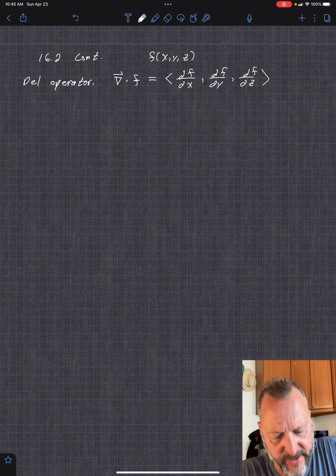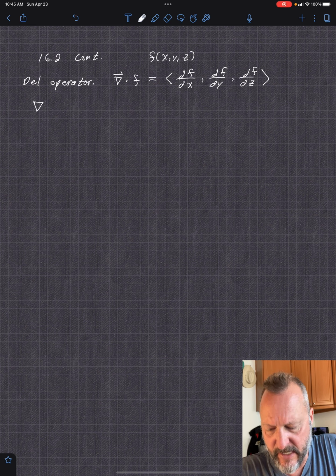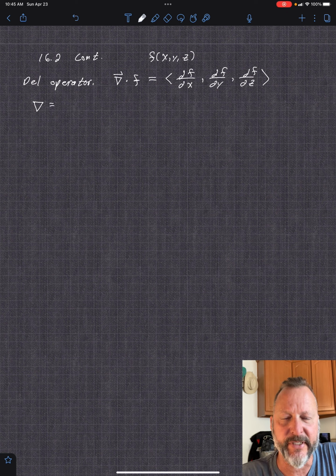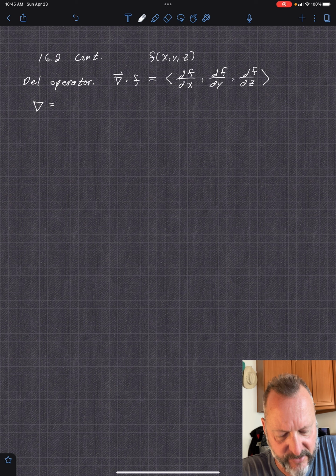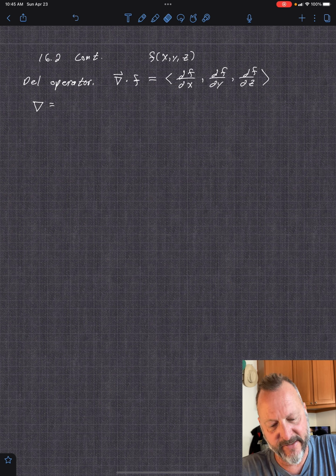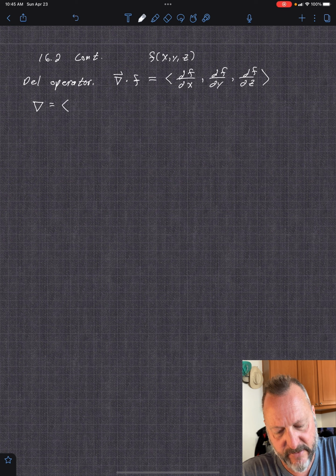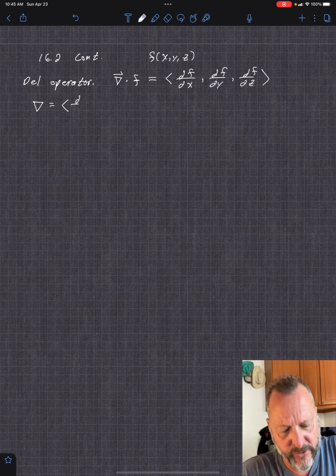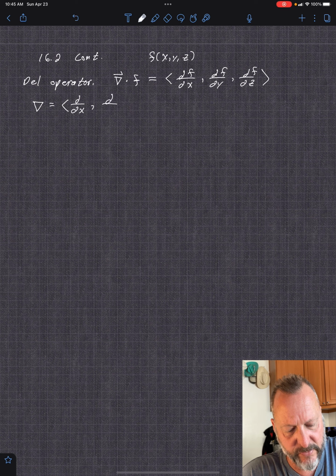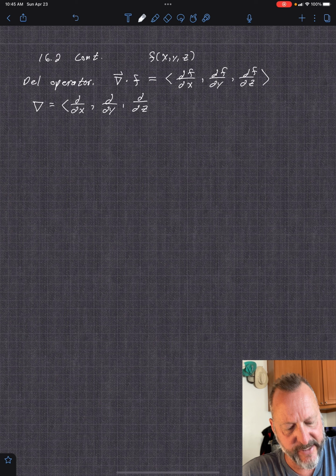You can consider the del operator like an operation, like a symbol, a multiplication table or division table. It could look something like this: partial with respect to x, partial with respect to y, and partial with respect to z.